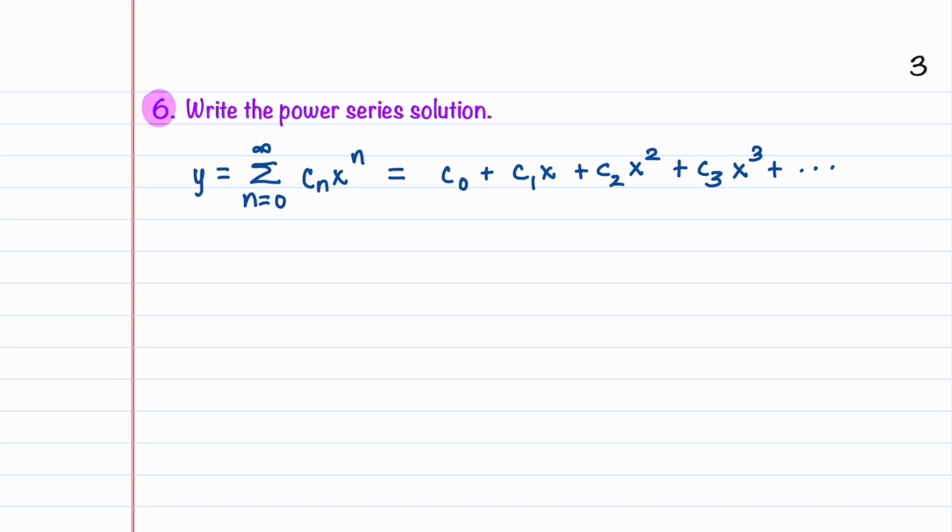Now what we're going to do is substitute in for the coefficients. We had our even coefficients, and then we had our odd coefficients. This gives us y is C0, which is just C0, and then we have plus C1x, and now we're going to substitute in what C2 is.